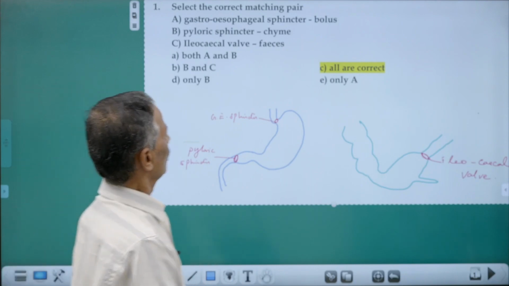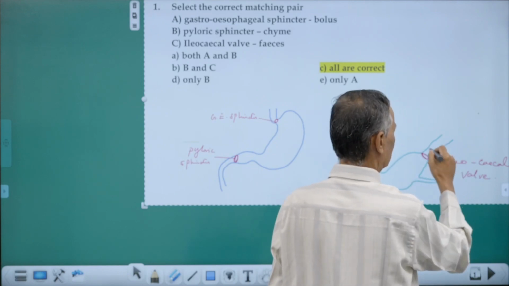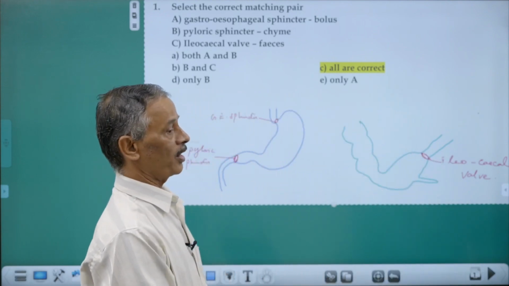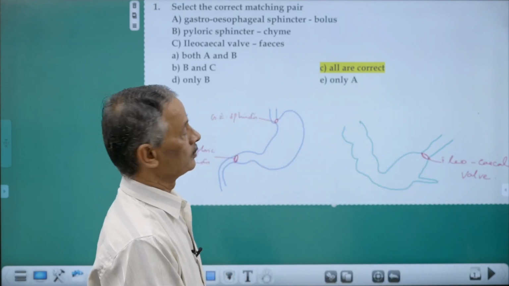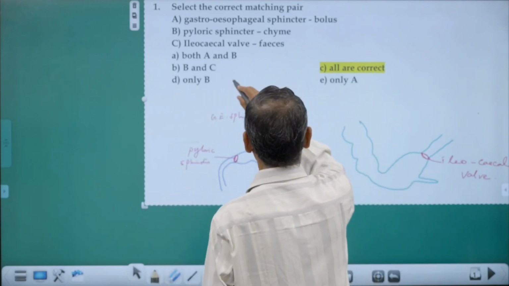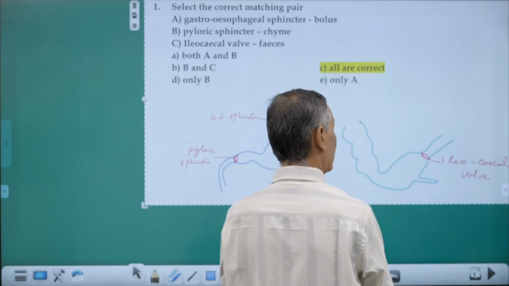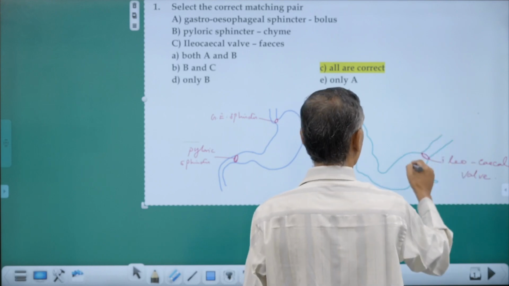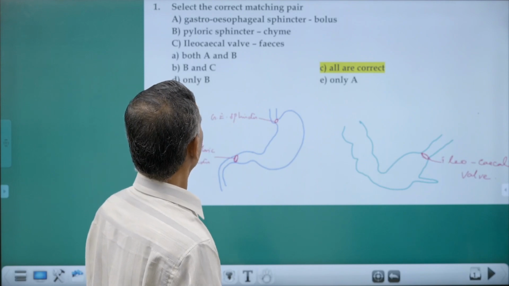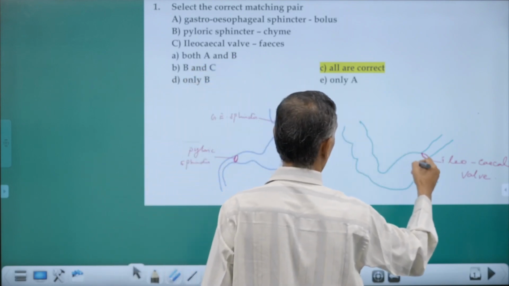Ileocecal valve or ileocolonal ring. It is at the junction of the last part of the small intestine, the ileum, with the first part of the large intestine, namely the cecum. So the ileocecal sphincter prevents the backflow of the fecal material from the large intestine.